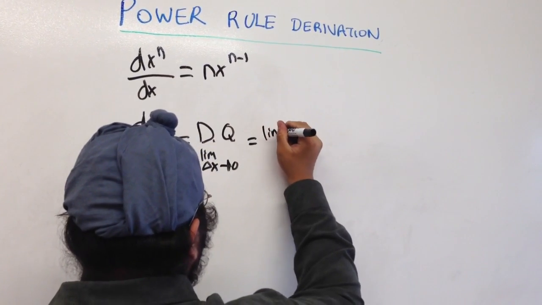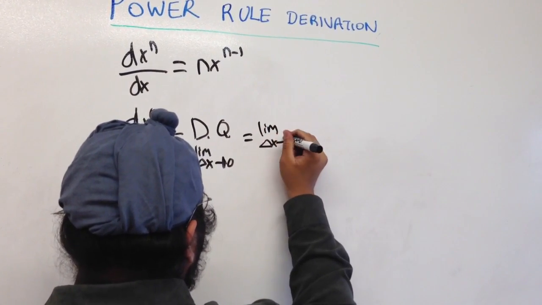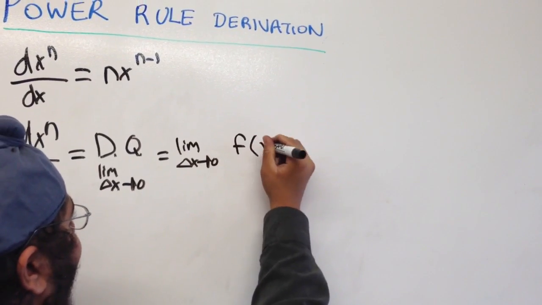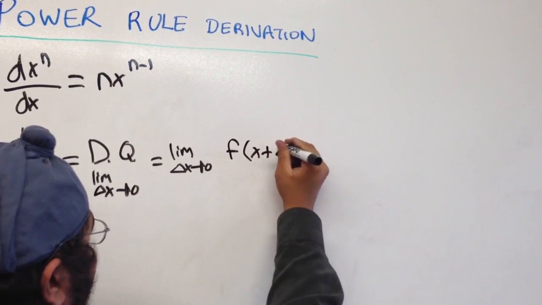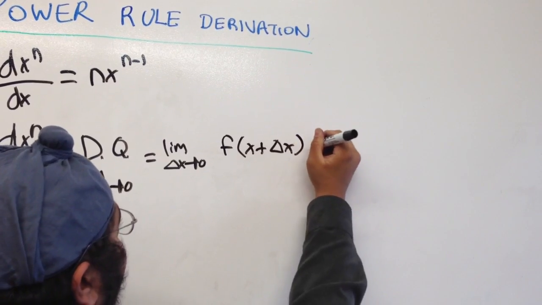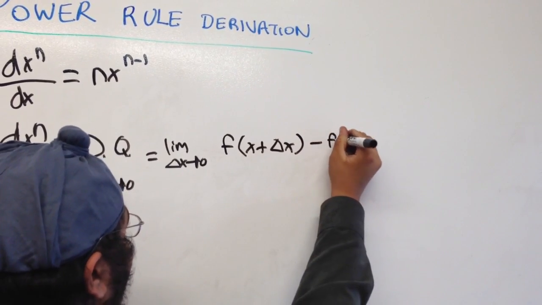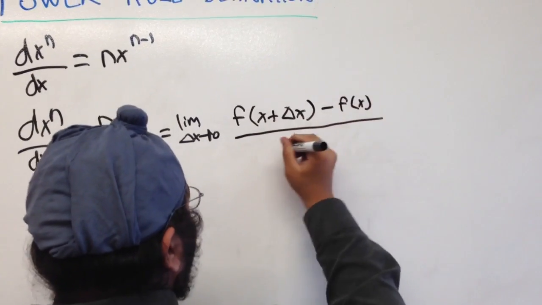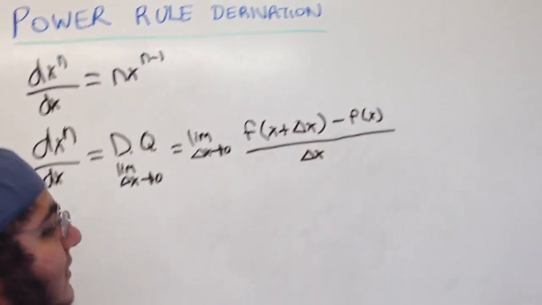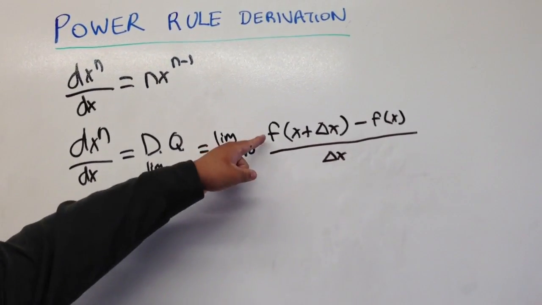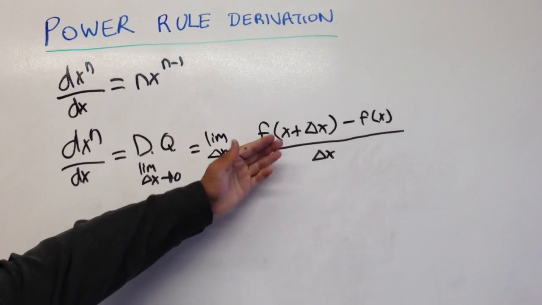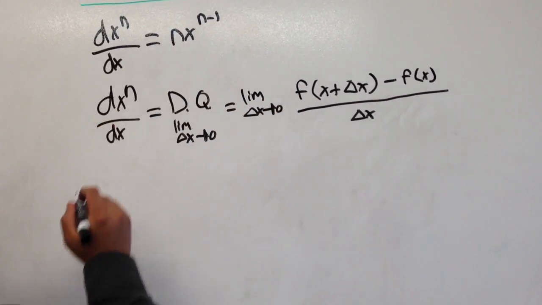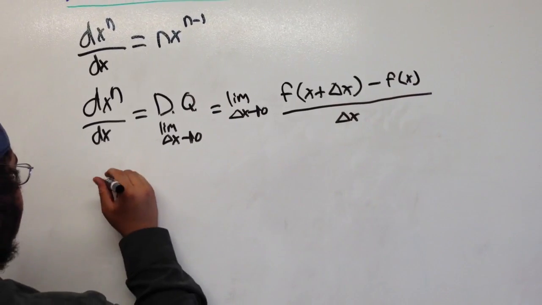We write limit delta x approaching 0, f of x plus delta x minus f of x, this being over delta x. This is the slope, this is the y part, and this is the x part, rise over run. As you recall, the function is x to the n, so let's put that in.